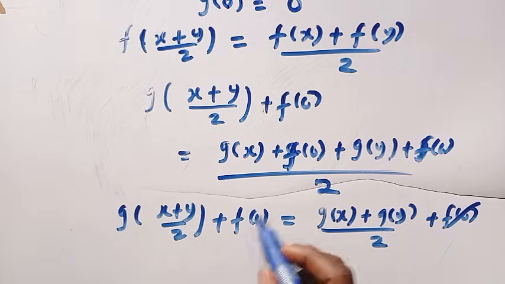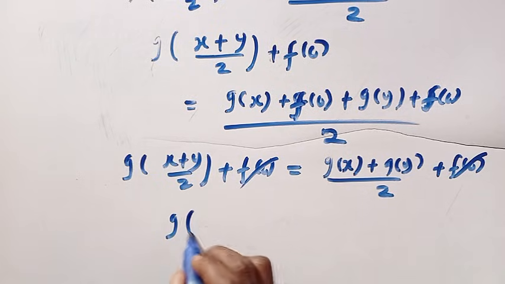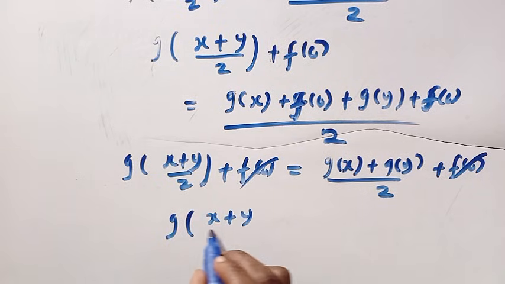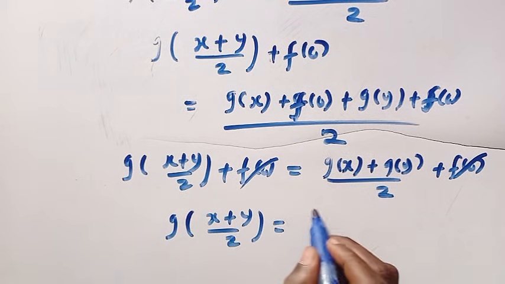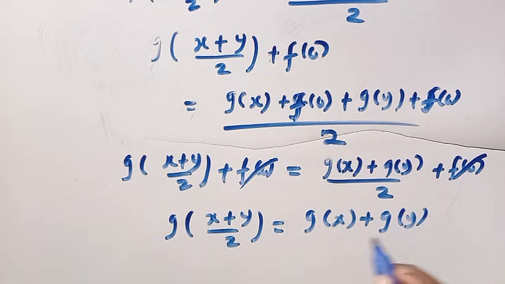And f of 0 cancels f of 0, so we see that g of (x plus y) over 2 equals (g of x plus g of y), all divided by 2.